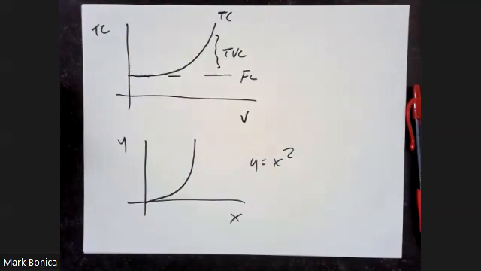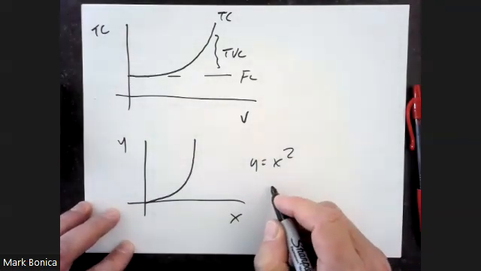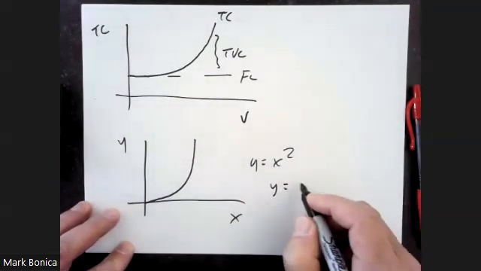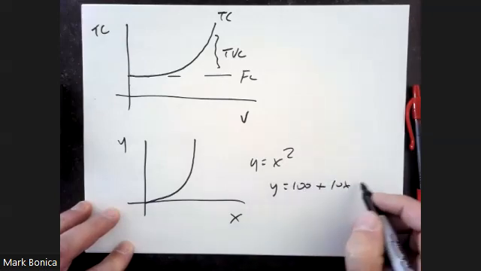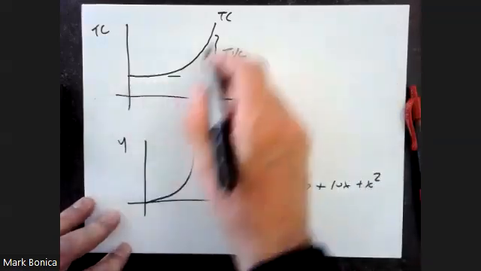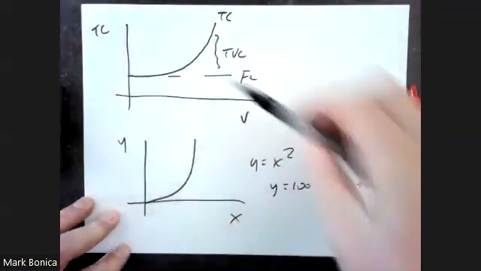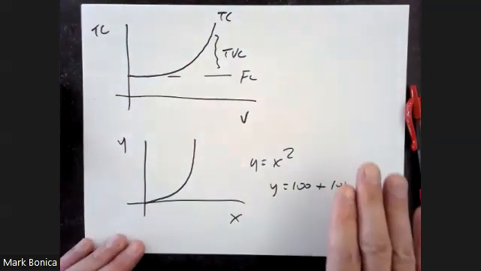So if I then tag on some other function, some additional stuff like a constant, say 100 plus 10x plus x squared, I just wind up getting something that looks like this instead, where the 100 becomes my y-intercept, because we set x equal to 0.